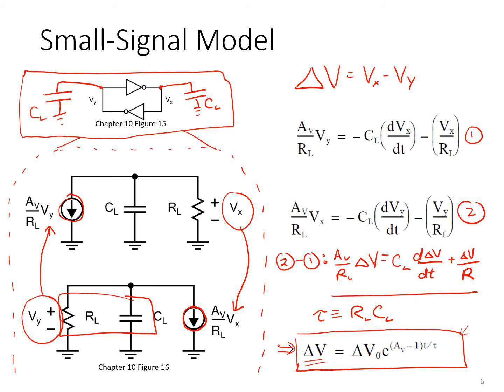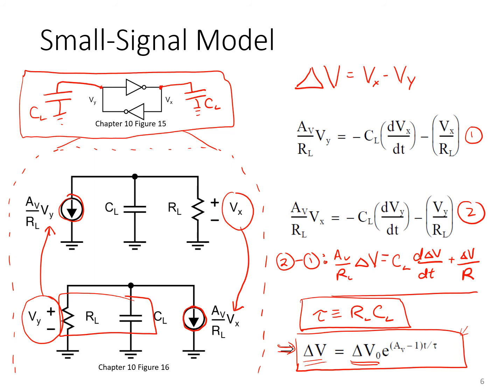And at that point, you've got the positive feedback loop formed, activated, and the differential voltage delta V that appears at that point in time. Let's call that initial differential voltage delta V naught. That'll serve as an initial operating point, and from there, the differential voltage will explode exponentially with a time constant given by RL-CL at each node.